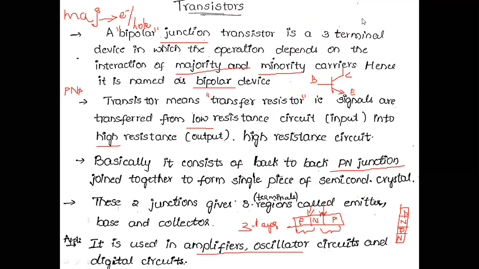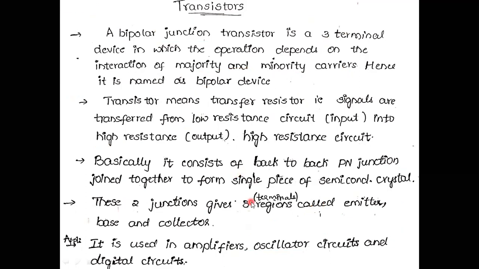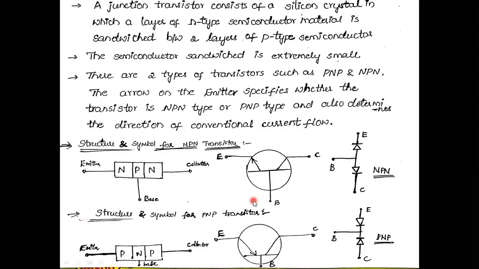And this is about the basic introduction. Thereafter we will see the junction transistor. A junction transistor consists of a silicon crystal in which a layer of n-type semiconductor material is sandwiched between two layers of p-type semiconductor material.